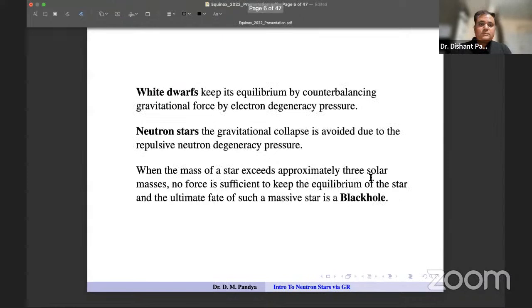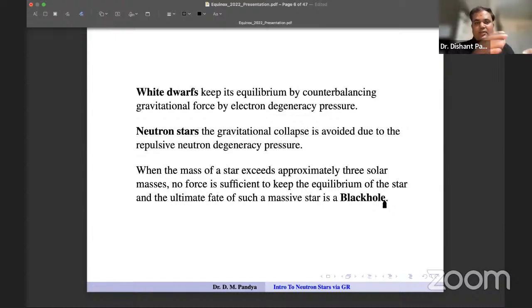Now, what are white dwarfs? In simple language, a white dwarf has an equilibrium which counterbalances the gravitational force by its electron degeneracy pressure.